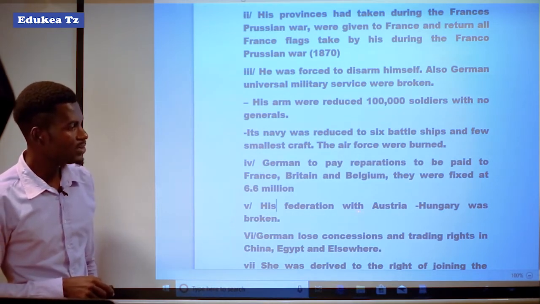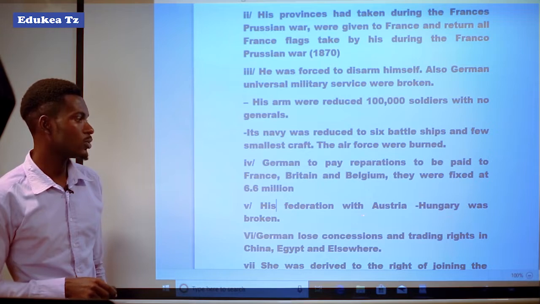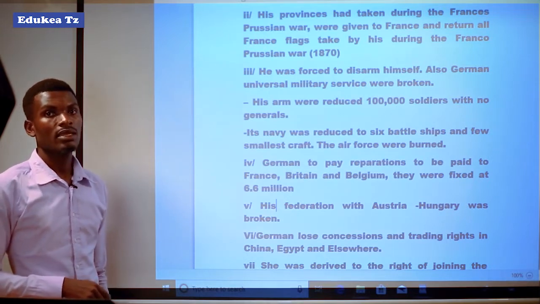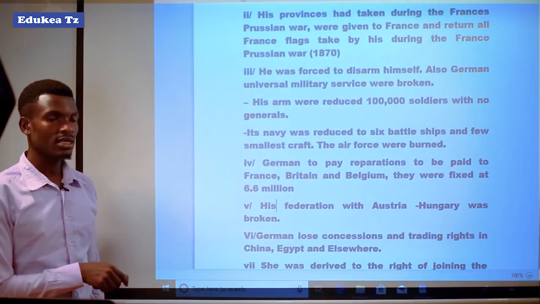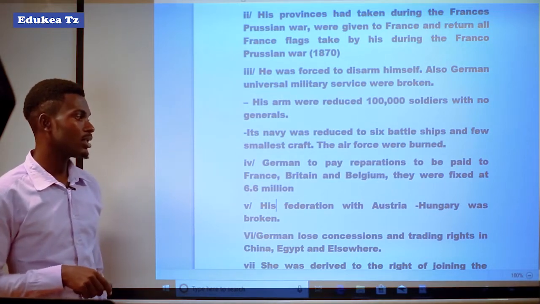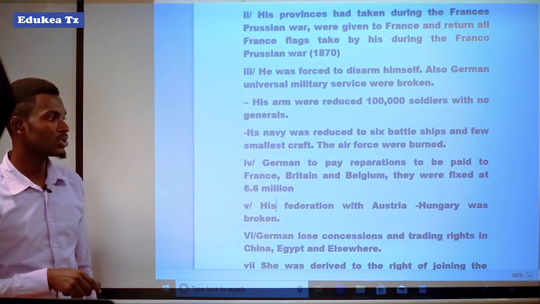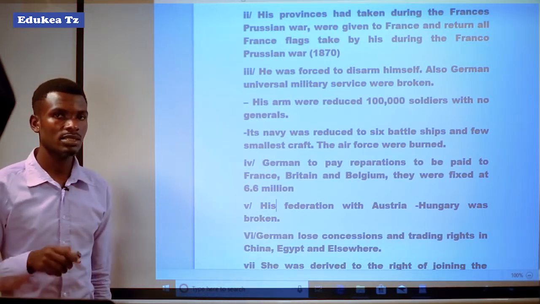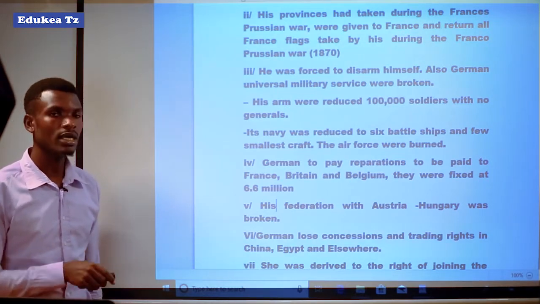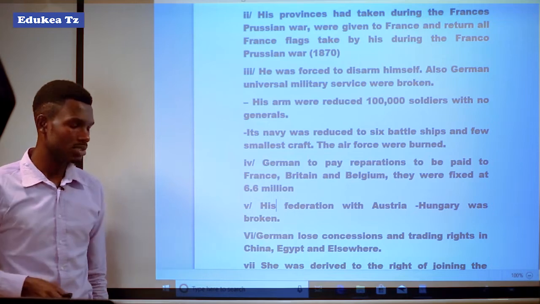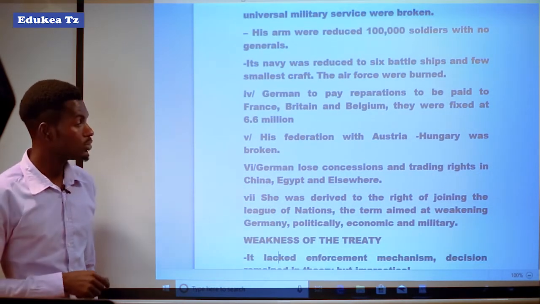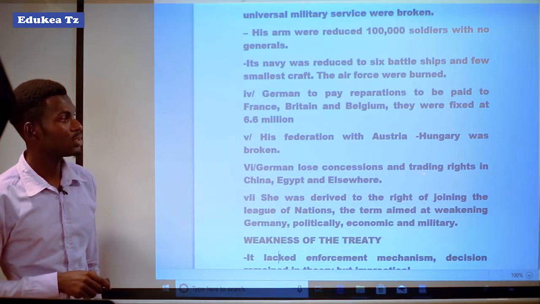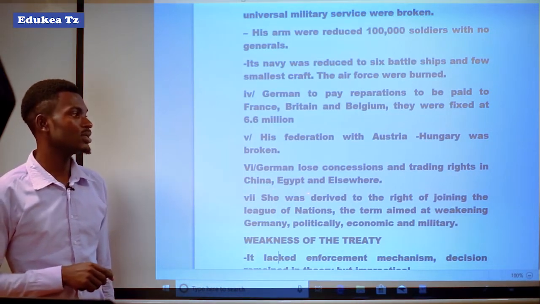His federation with Hungary or Austria-Hungary was broken. It means that the union of Germany with its fellow Austria-Hungary was broken, whereby Austria remained an independent country and Hungary remained an independent country. But also, Germany had to lose the concessions and trading rights in China, Egypt and elsewhere.